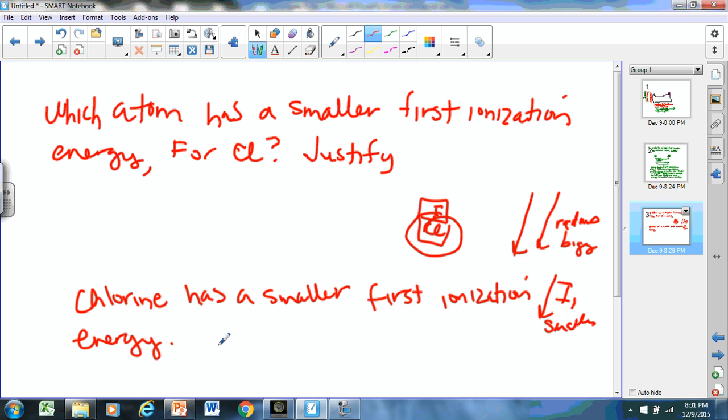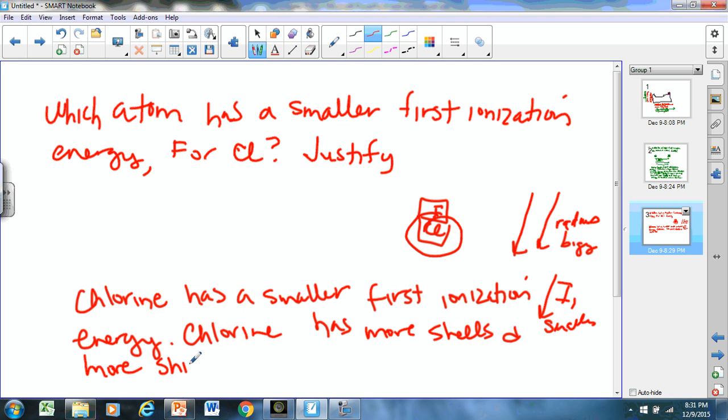Which one's smaller? Chlorine. Now why? Chlorine has more shells and more shielding electrons. Okay, any linking words. So, therefore, hence, thus. Let's do thus.